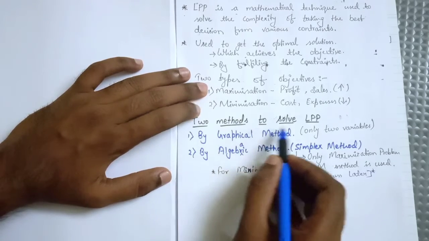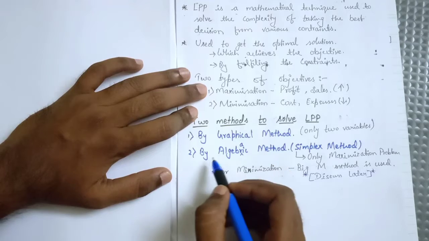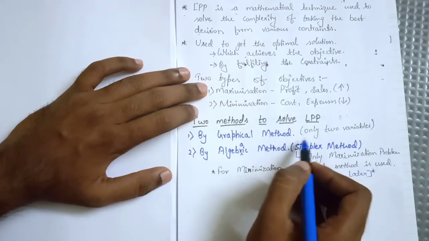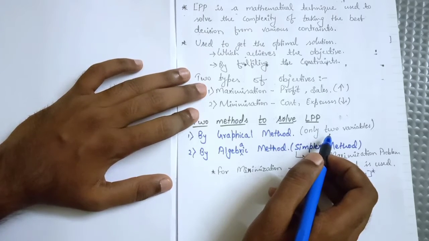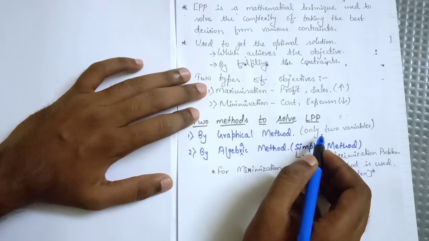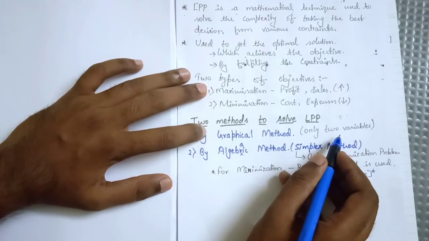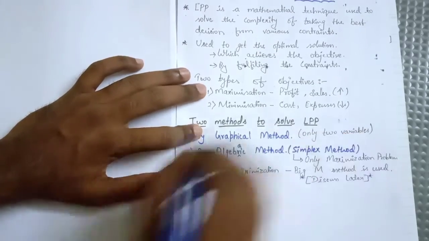There are two methods to solve LPP. First is the graphical method and second is the simplex method. For the graphical method, the constraints can be any number, 1, 2, 3 or more, but the variables, that is x1, x2, must be only 2.